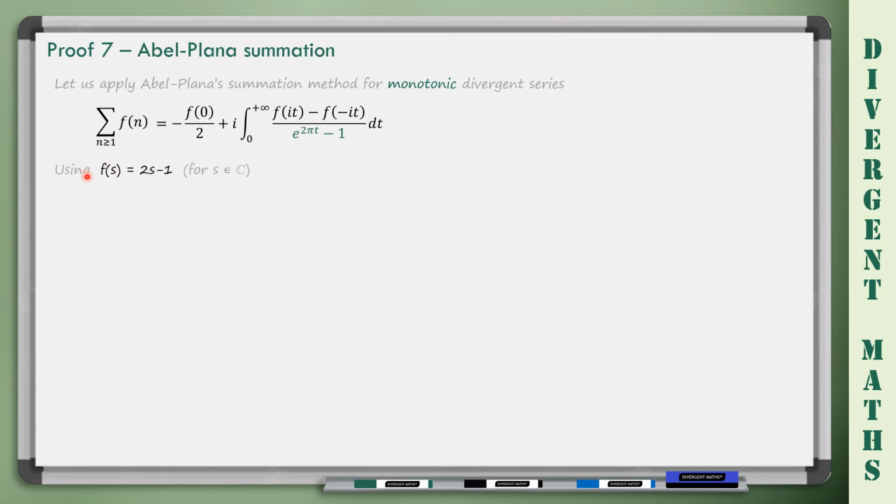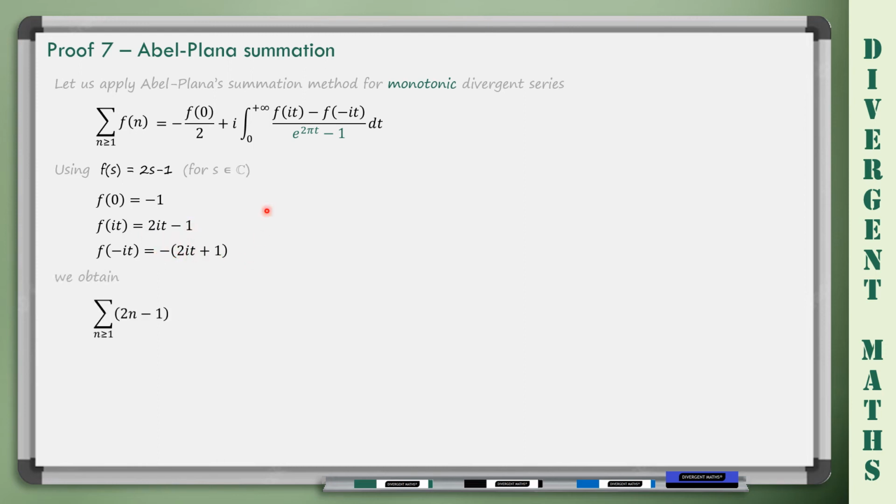So using f of s, s being a complex number notation, 2s minus 1, of course we're dealing with odd numbers. F at 0 is equal to negative 1, that's obvious. F of it is 2it minus 1, and f evaluated at negative it becomes negative it minus 1, so minus bracket 2it plus 1.